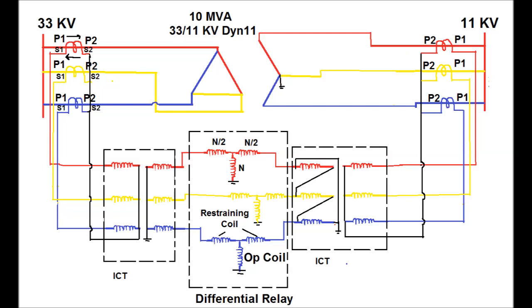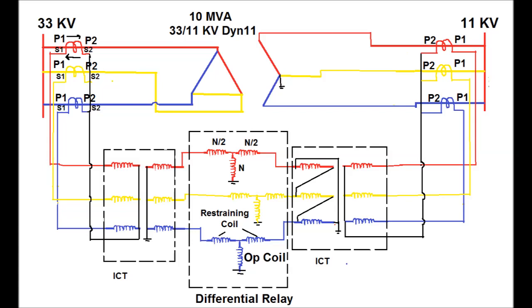Here the connection is delta Y, and since it is DYN11, there will be a plus 30 degree phase shift from HV to LV side, and that is why on the star side we use the ICT as star delta.